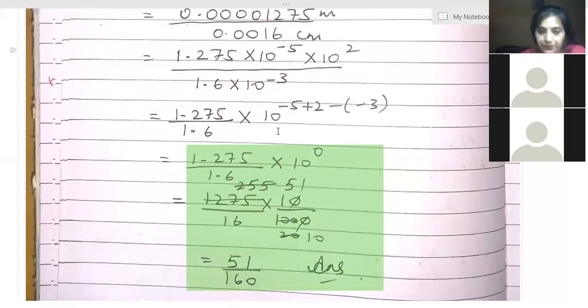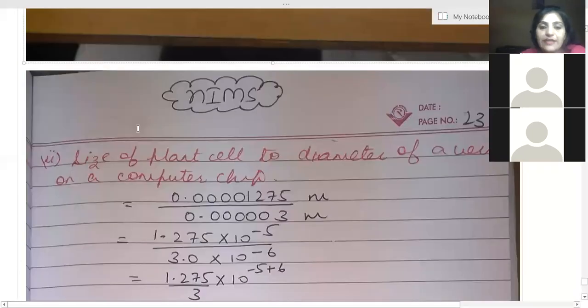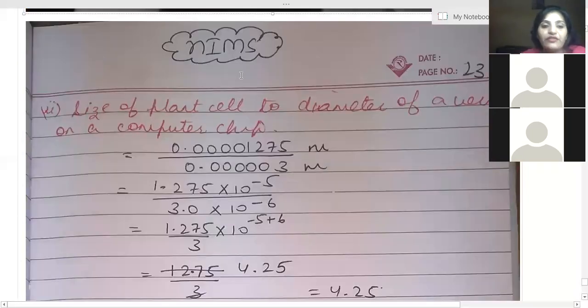Now the size of a plant cell to the diameter of a wire on a computer chip. This is the size of the plant cell, and this is the diameter of the wire. Now you do this comparison and I am waiting for you. Okay?